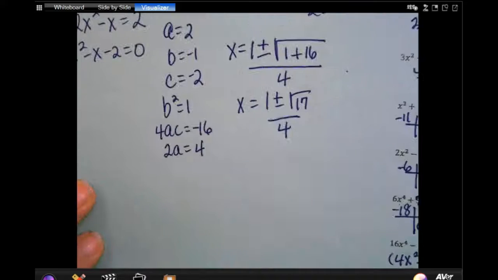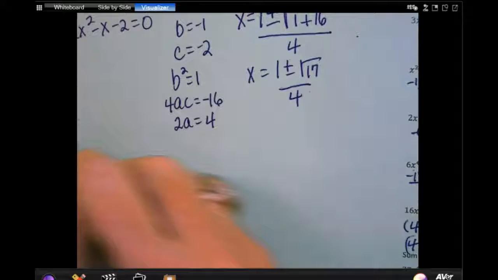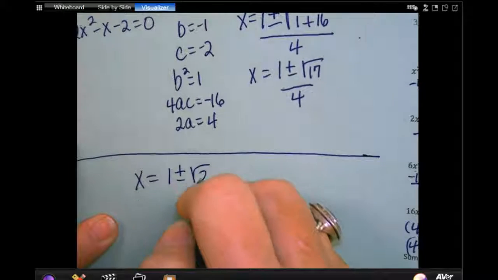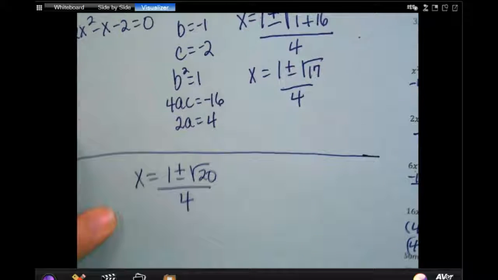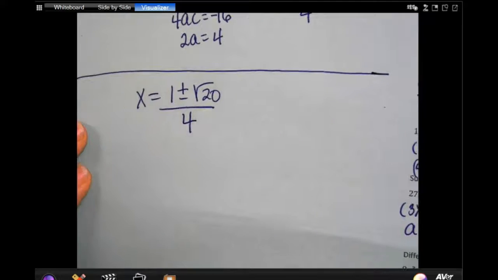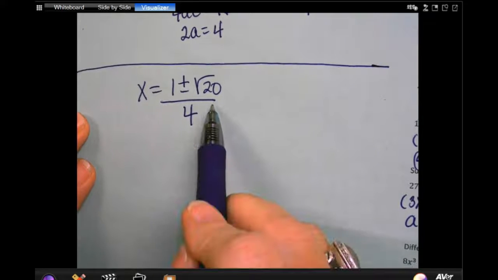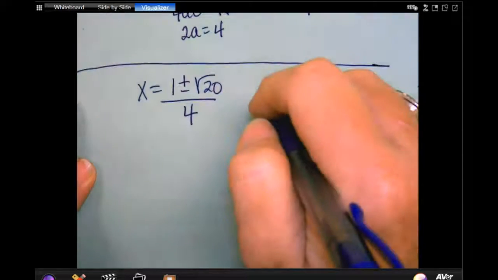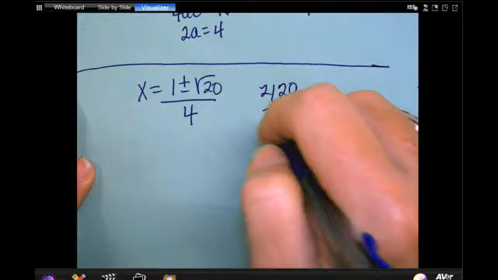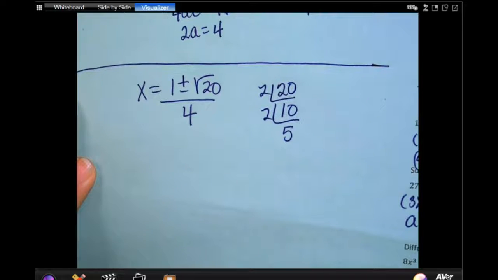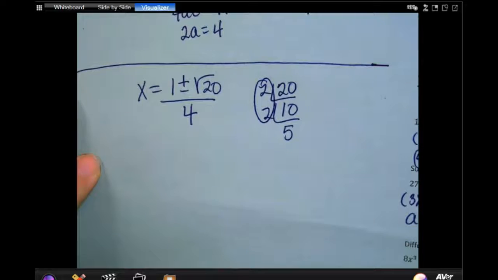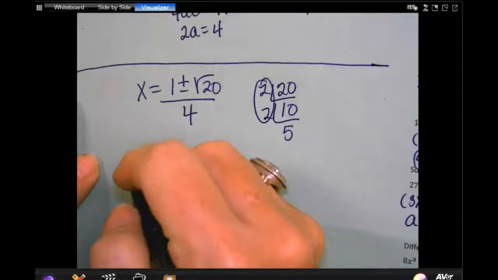Now, what if I would have gotten this for an answer? What do I have to do with the 20? You have to simplify it, right? So you have a pair of 2's here, so the 2's can go on the outside.